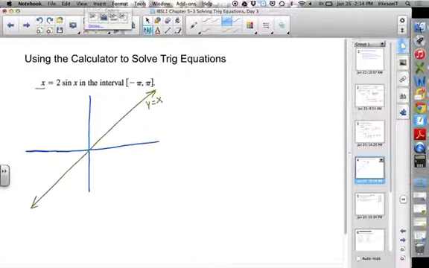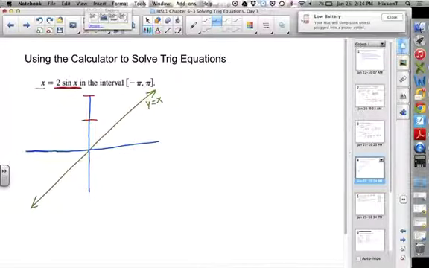And if I look at that in relation to my sine curve, 2 sine of x, let's make that red, it's going to go up to 2. This is not going to be drawn to scale, but we want to go from negative pi to positive pi.